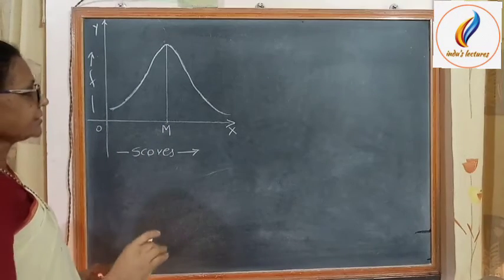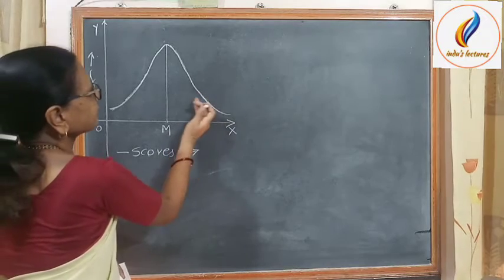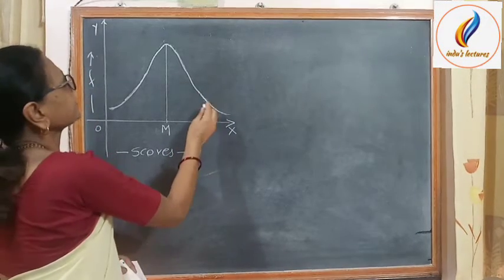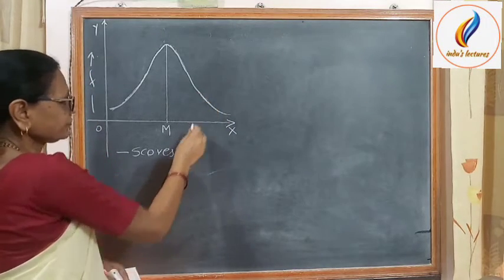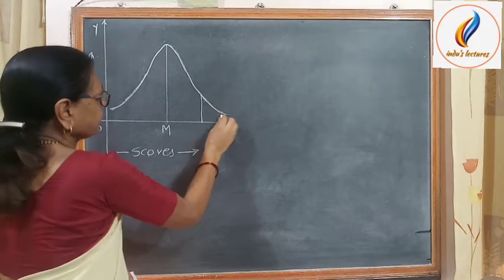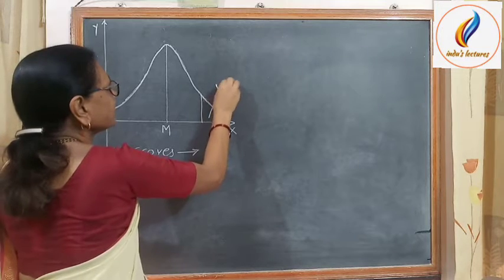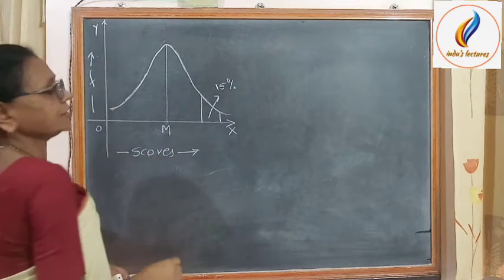Now highest 15% means at this side, and suppose this is the area including 15% cases in a normal probability curve.